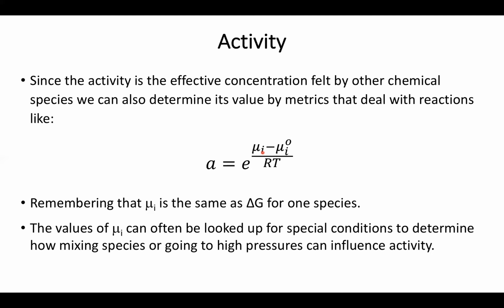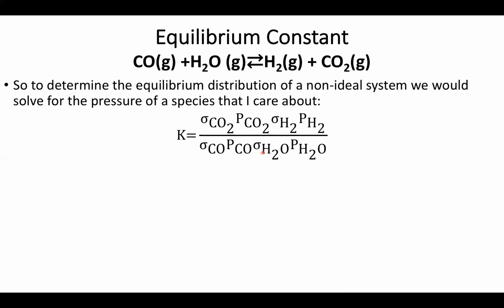So if I'm dealing with a non-ideal system, we often need to make note of the fact that we should be including our fugacity or activity coefficients when trying to evaluate the K for a reaction. And if there are stoichiometric coefficients, don't forget about including those as well.